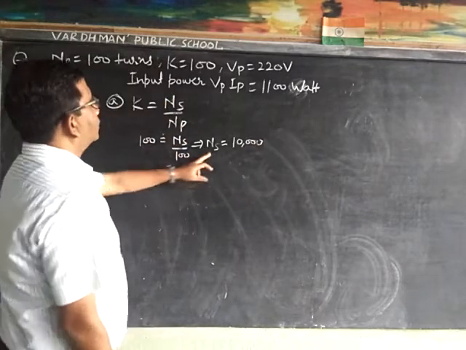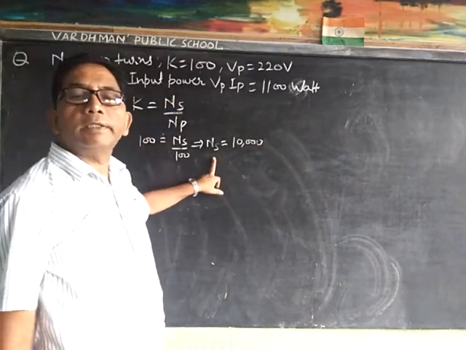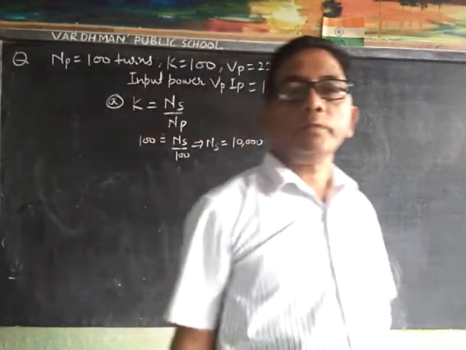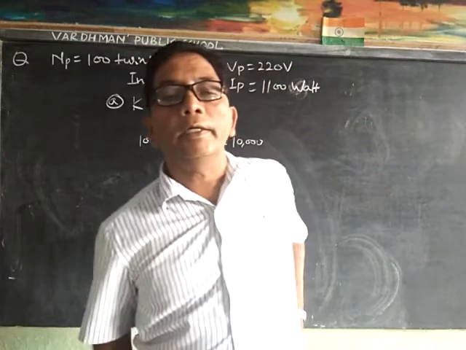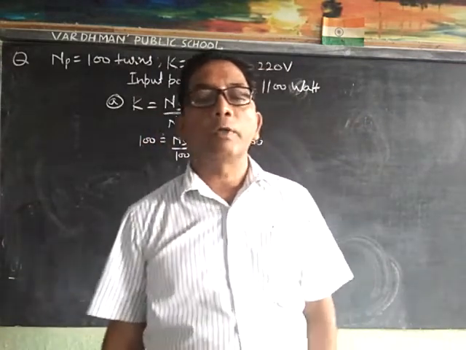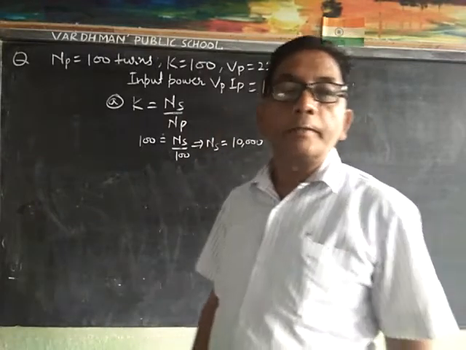Number of turns in the secondary coil is 10,000. Now the second part: you have to find the current in the primary.